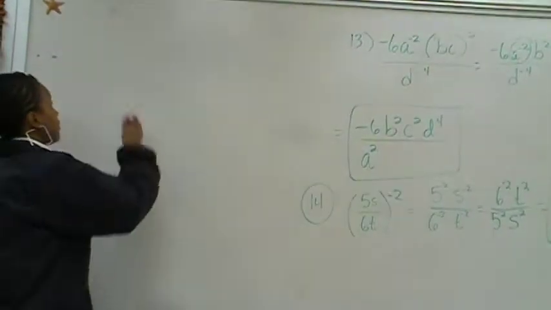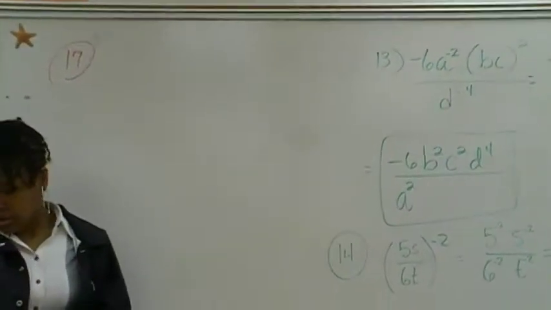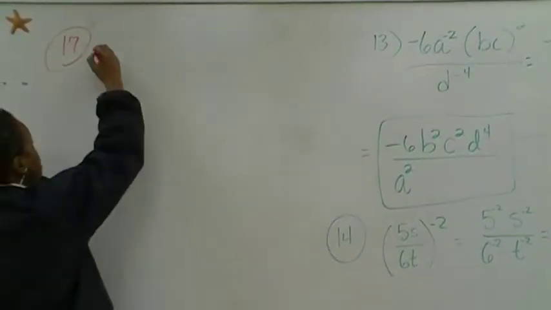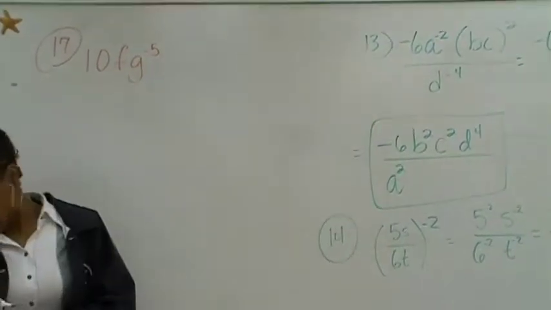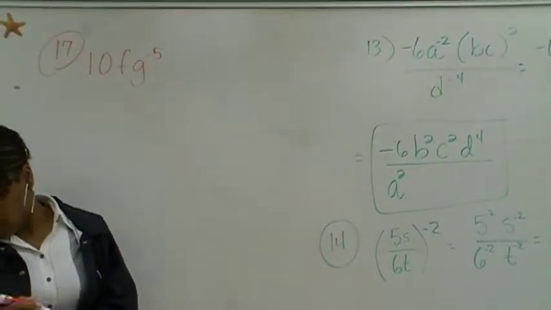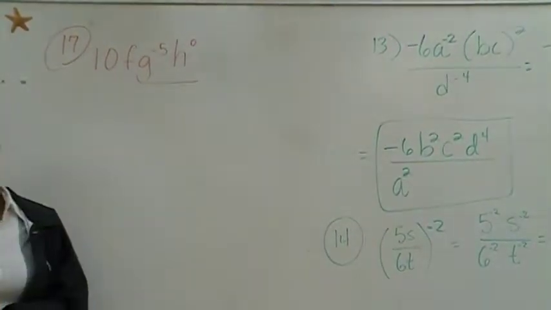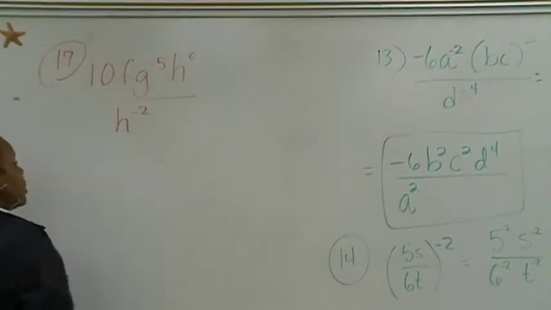Okay, so number 17. It says 10 f g to the -5 h to 0 h to the -2 over h to the -2.